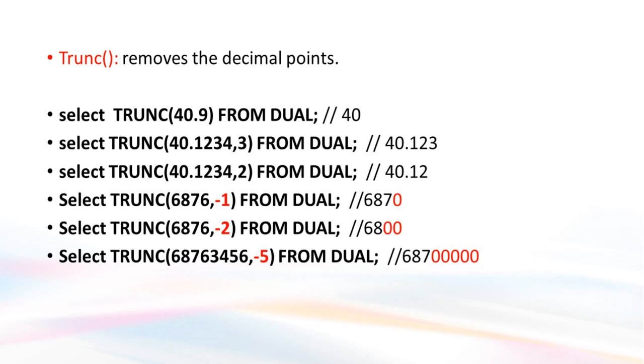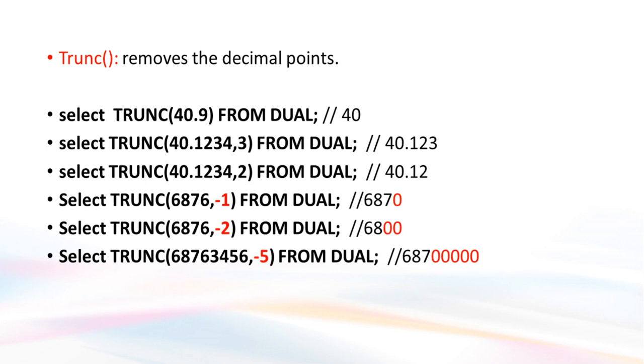Now 40.1234 comma 2: after the decimal it will keep only two numbers, 1 and 2, and 3 and 4 are removed. So we get only 40.12.